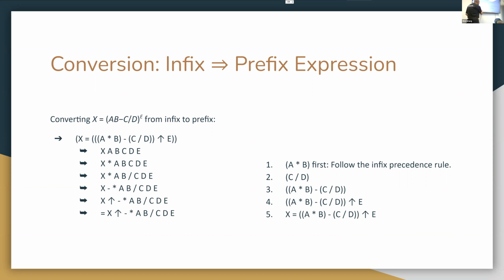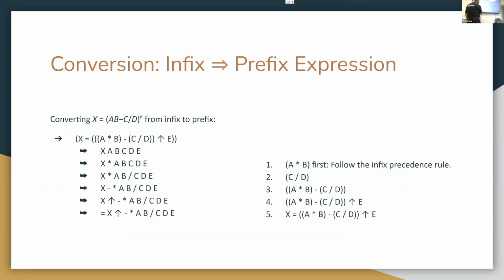No, you actually hit the minus, the subtraction. The subtraction will work on this item, and then this is this subtracted by that much. And then that becomes one operand, and the next operand is E, and the operator is exponential. So that's basically what that expression is.